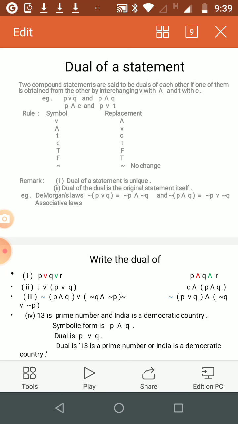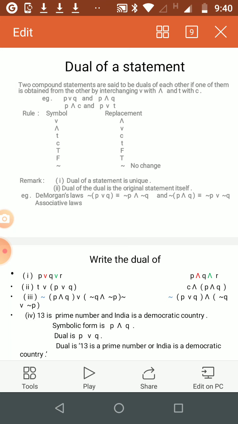A simple example of this is P and Q, and P or Q. P disjunction Q, P conjunction Q. It is clearly seen that the symbol or in the first is replaced by and in the second. So these two statements are said to be duals of each other.